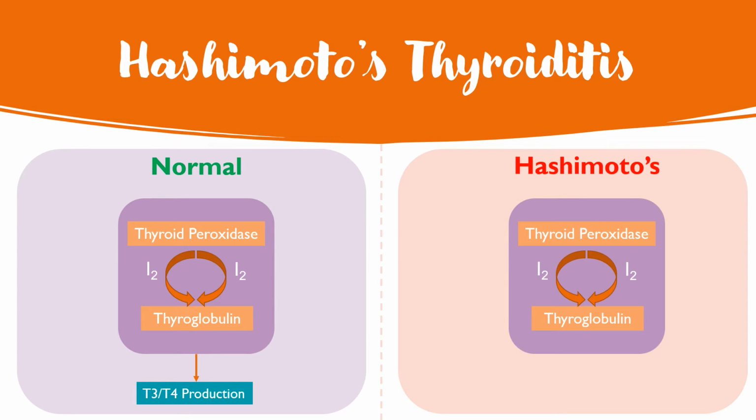In Hashimoto's thyroiditis, there can be autoantibodies against thyroid peroxidase, and this consequently results in less iodine incorporation into thyroglobulin, and therefore decreased levels of T3 and T4. There can also be autoantibodies against thyroglobulin directly, but the main result is the same. There are reduced serum levels of T3 and T4 following this autoimmune process.